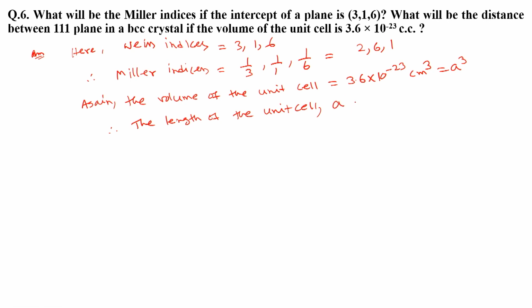So A is 3.6 times 10 raised to the minus 23 to the power 1 by 3, in centimeter. If we calculate this, we get 3.3 times 10 to the minus 8 centimeter, so 3.3 angstrom.